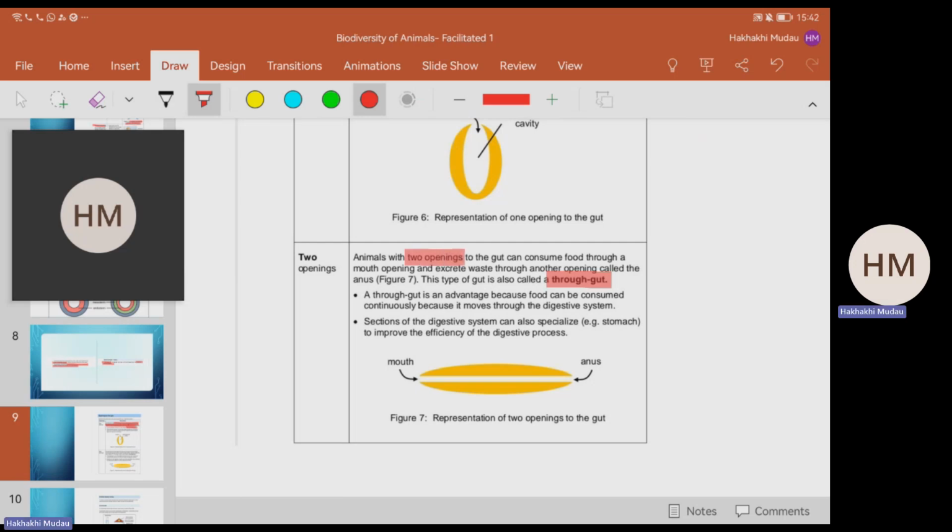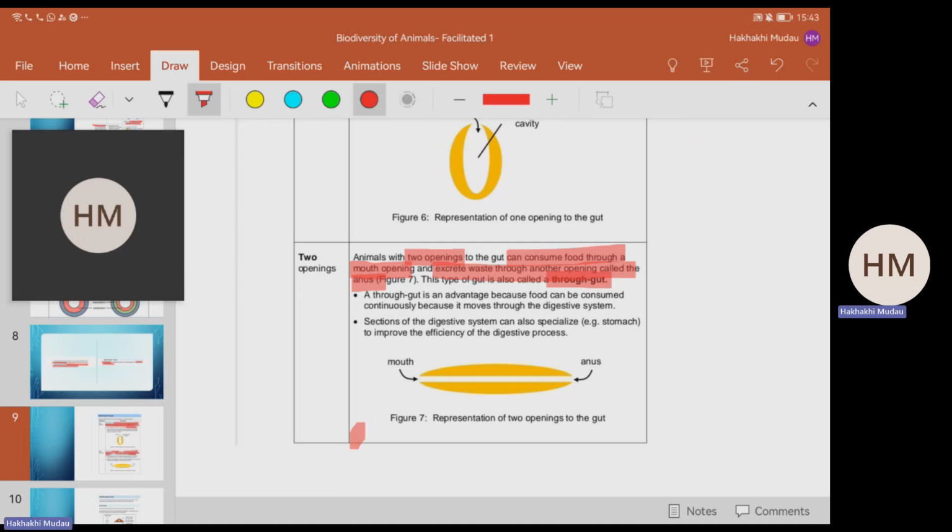We consume food through the mouth and excrete waste through another opening called the anus. For example, humans have two openings, the mouth and the anus. This is an advantage because you don't have to wait to excrete in order to consume food again. You can consume food as much as you want because waste is going to be expelled through the other opening, which is the anus.